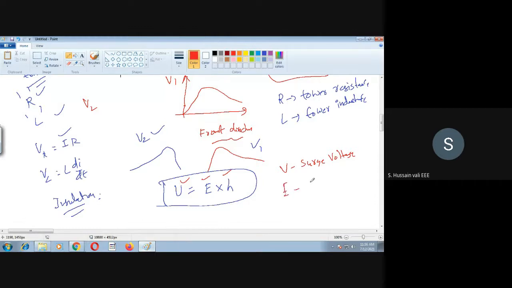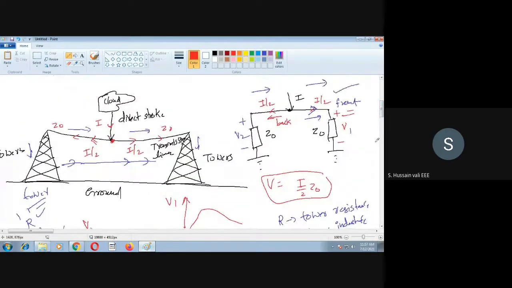E is the electric field near the ground. And H, you can take it as this.